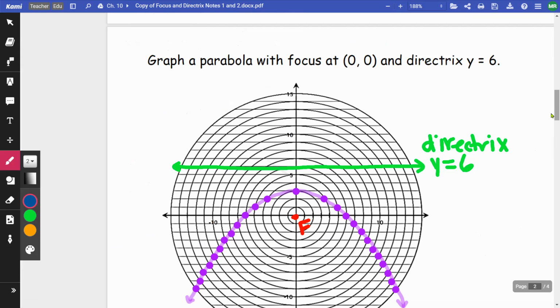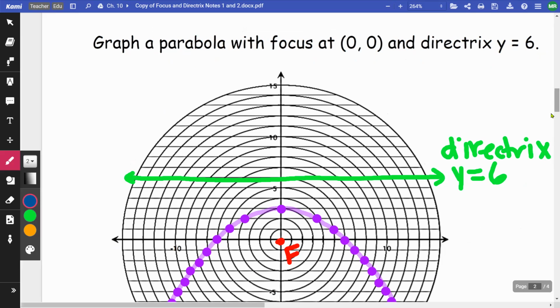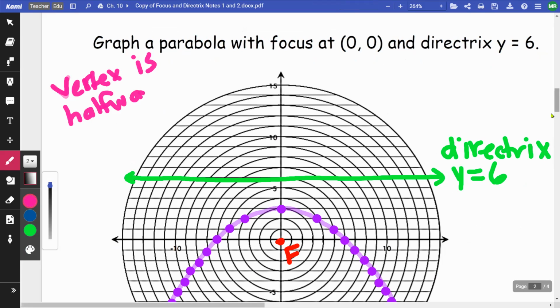So a couple facts that are going to be important for us to know. One fact, the vertex is halfway between the focus and the directrix.